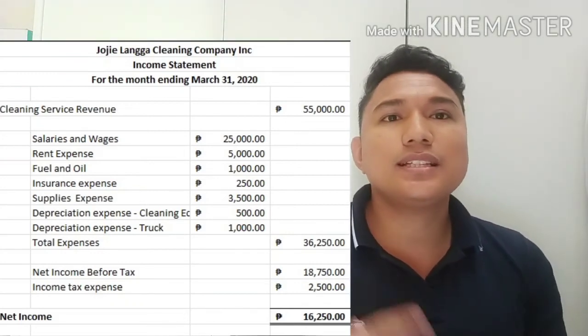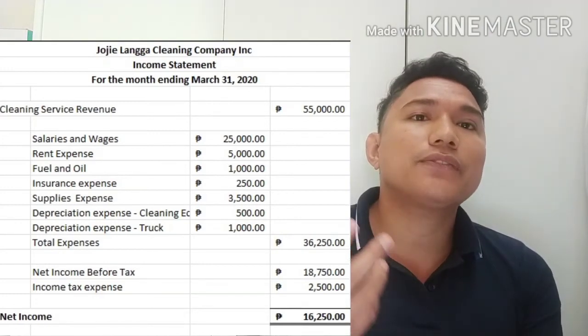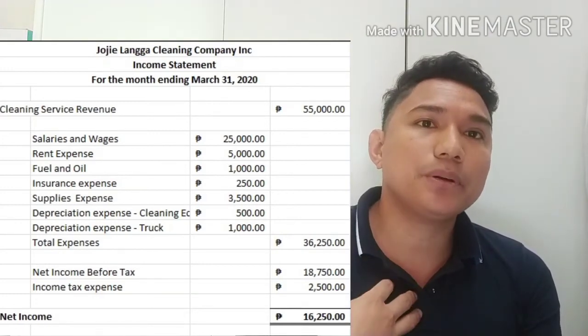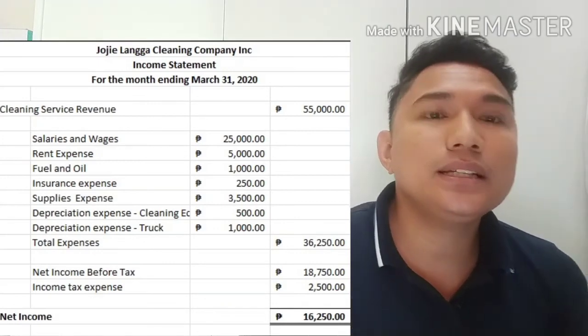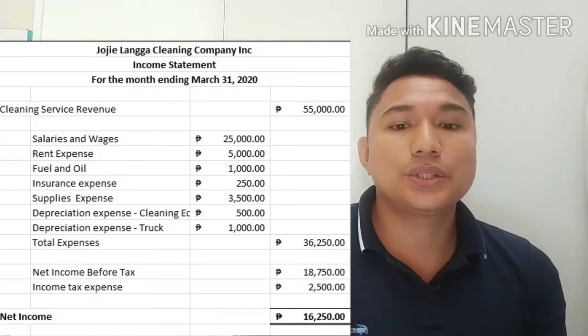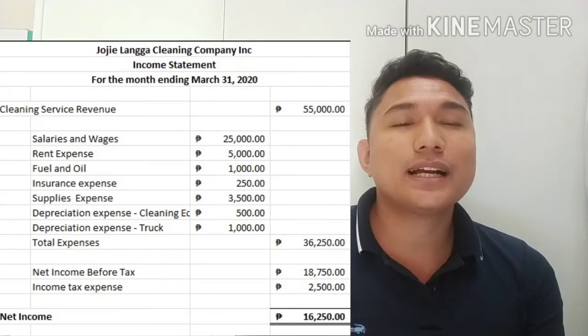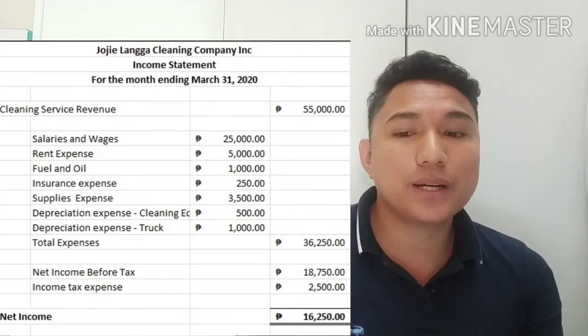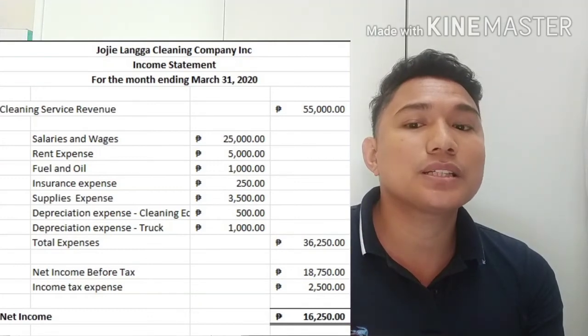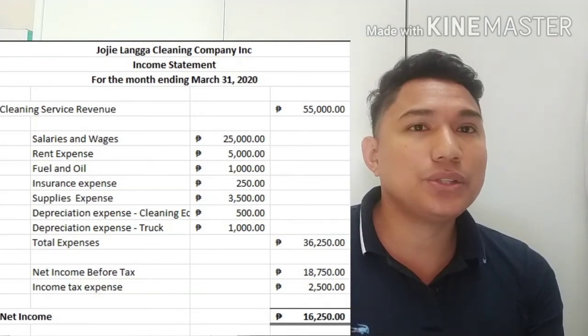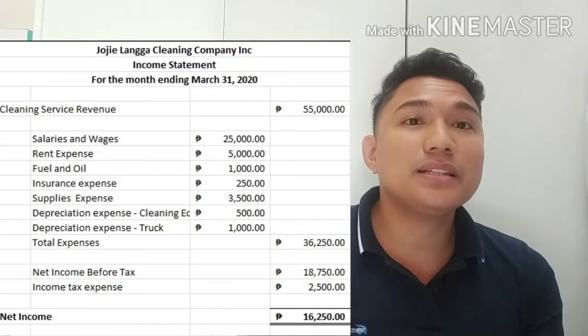So what is the relevance of this income statement? For example, you are a financial statement user. I am an employee. I want to know, is the company earning income well, or is the company managing the expenses well? Because here you can see how much revenue was earned for the month of March by Joji Langa Company. So is this company still earning?